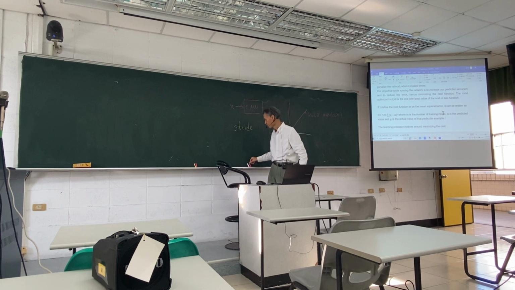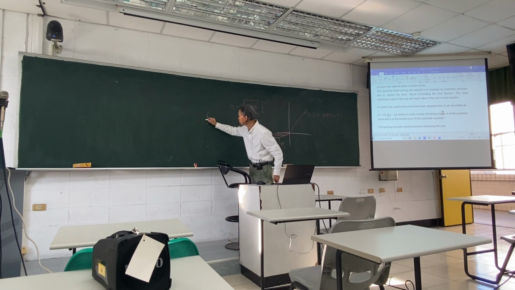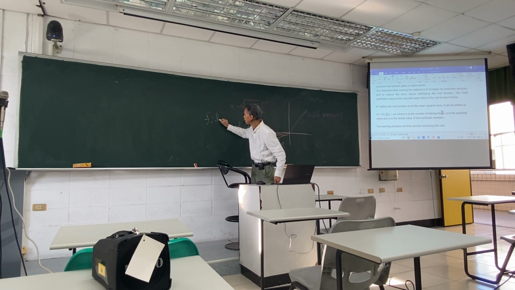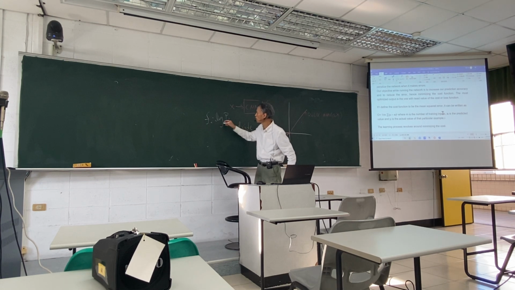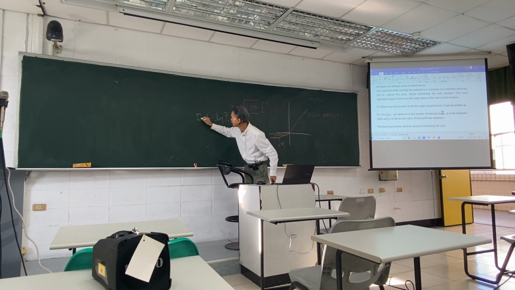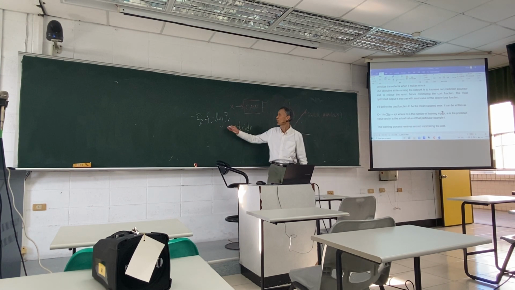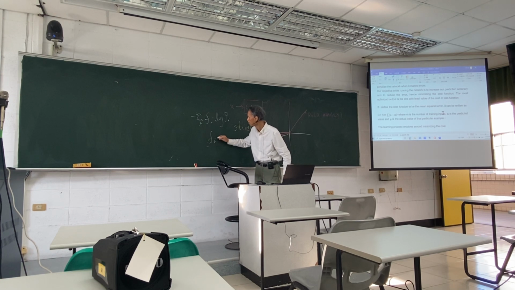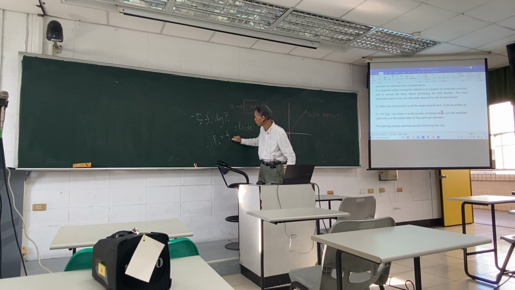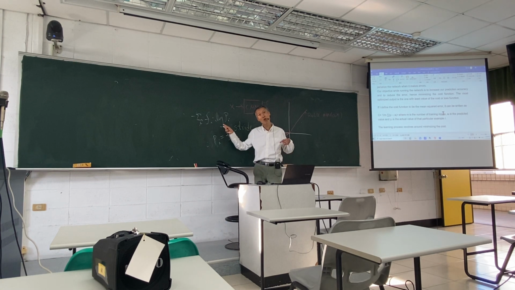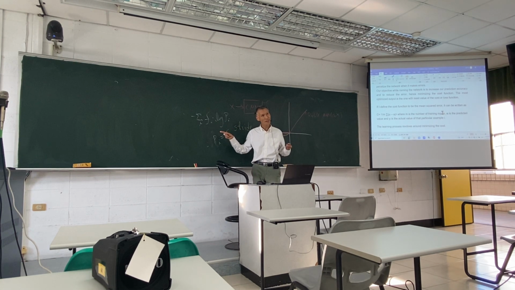Okay, so if this is the ground truth, and this is your estimated probability, this is the entropy. So if the estimated probability equals the ground truth, then it will be log 1, and log 1 is 0.